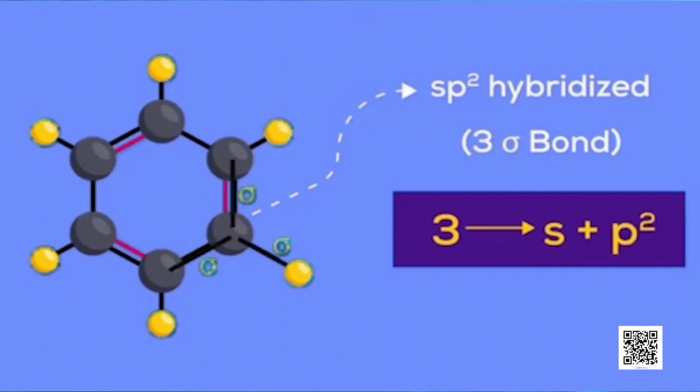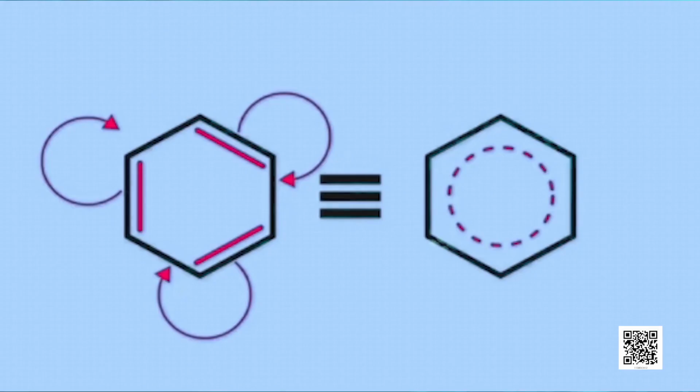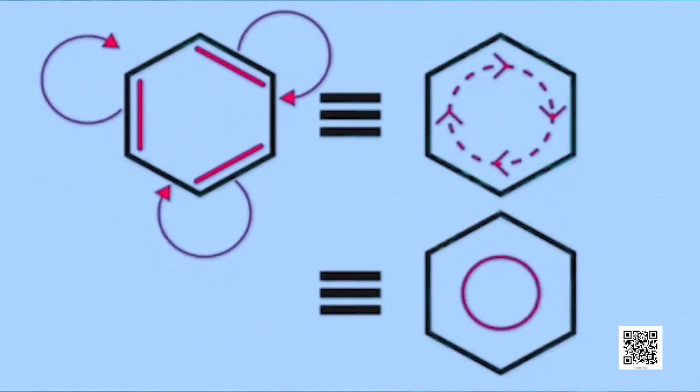Consider the benzene molecule C6H6. Each carbon atom is sp2 hybridized and forms 3 sigma bonds. The 6 2pz orbitals form pi bonds. Electrons in these orbitals are free to move around the entire benzene ring. Thus shown is the resonance structure of benzene.